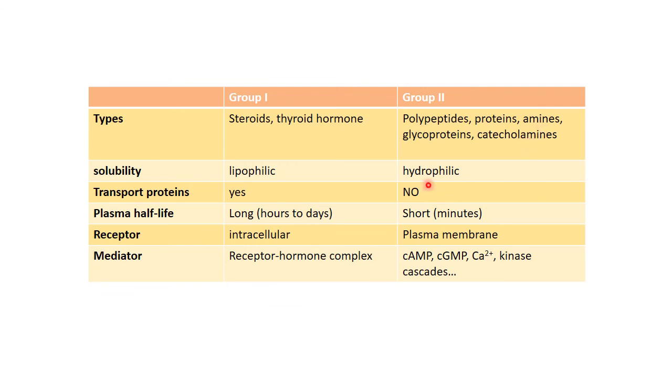All of those are hydrophilic hormones. Lipophilic hormones need transport proteins or carrier proteins when they are transported in the blood. However, the hydrophilic hormones don't need carrier proteins because they are hydrophilic, and the plasma is hydrophilic also.